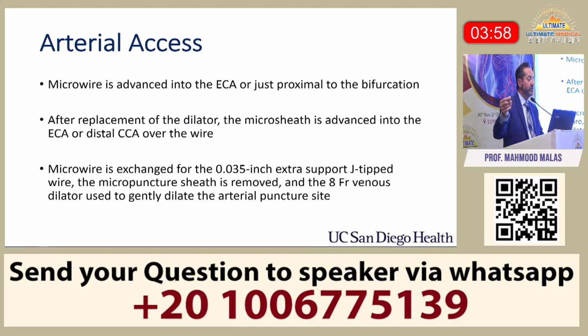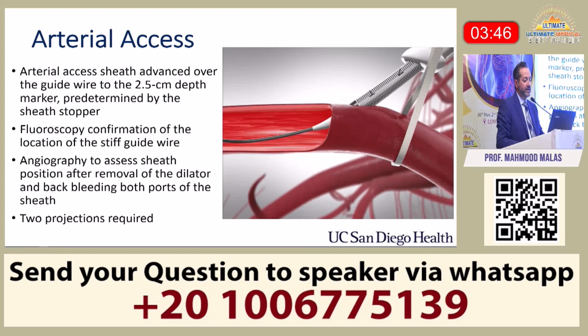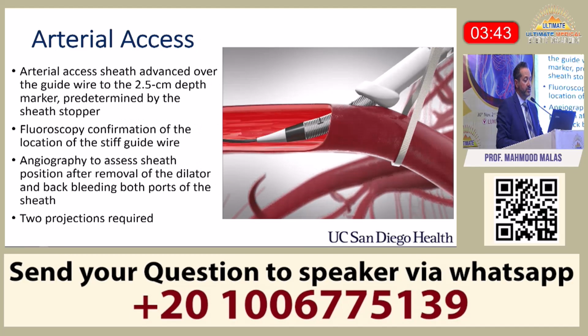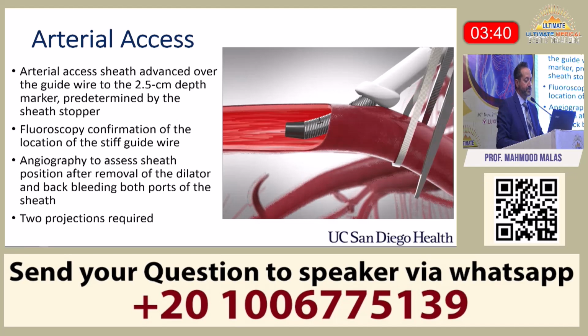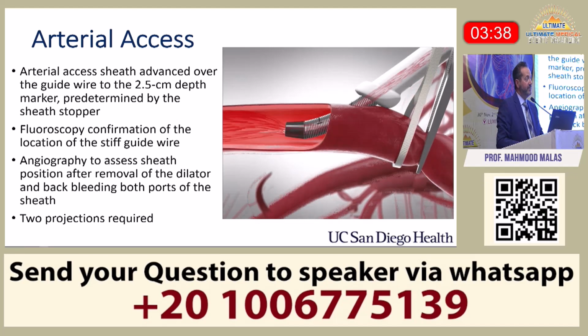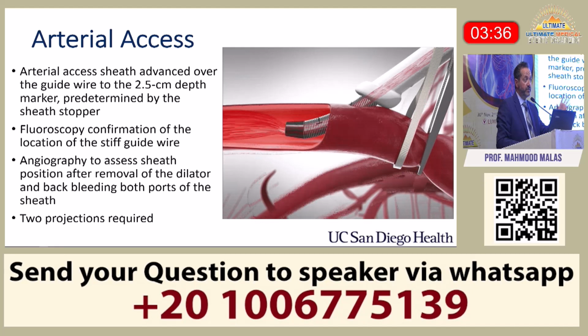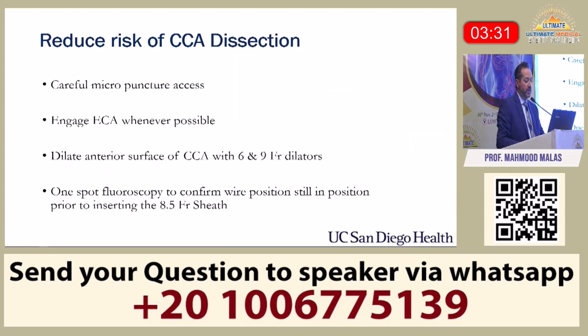So I take the same dilator that came with the venous sheath, and I push it just half a centimeter into the common carotid artery, not entirely through, just to dilate the opening, get a quick x-ray to make sure the wire is there, and then advance the arterial sheath, as you can see. The arterial sheath has a flow stopper that prevents it from going too far in. And at that time, once I have my sheath in, I do 2 different views to make sure that I didn't dissect the carotid, that I'm in the common carotid artery.